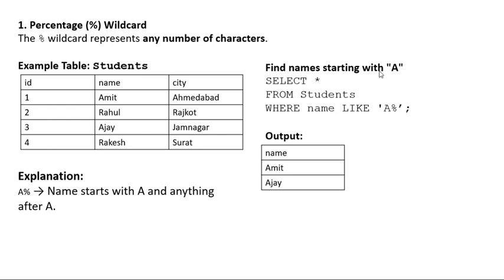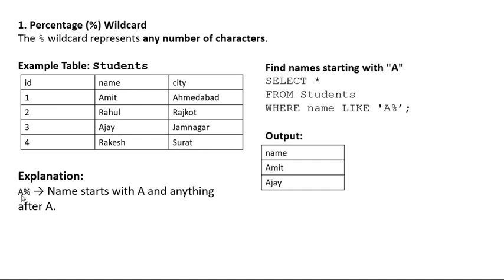Find the names that start with the letter A. So SELECT * FROM student WHERE name LIKE 'A%'; The names starting with A are the first record, Amit, and the third record, Ajay, so two names are shown.